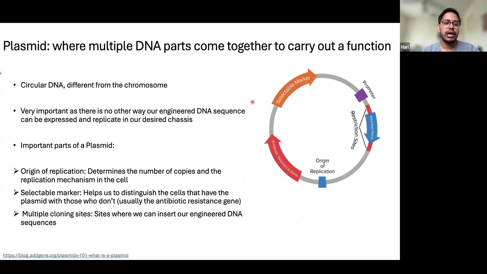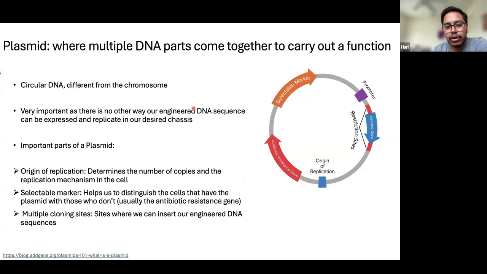Plasmids are also circular DNA, but they are not the same as the chromosome of that bacteria, which contains the genome of the organism. It's a circular DNA that can replicate whenever the cells are replicating, and it will have enough sites for our synthetic parts to be incorporated.